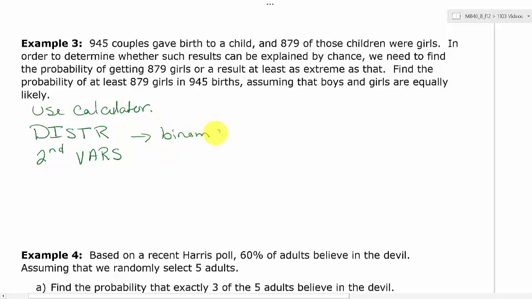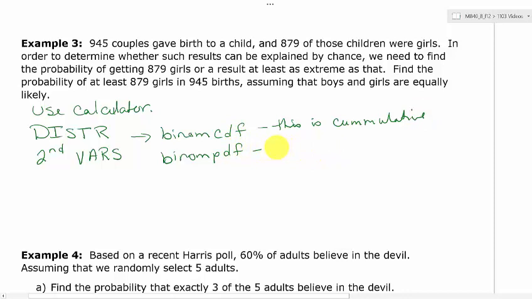and there are 2 different options. There's binom CDF and there's binom PDF. So the C stands for cumulative. Cumulative means everything up to that value of x. So 0, 1, 2, 3, 4, 5, all the way up to x. Binom PDF is, oops, I have a D there, should be PDF.